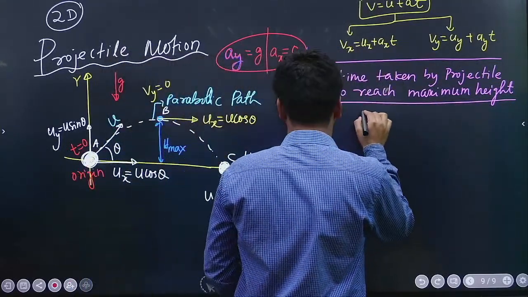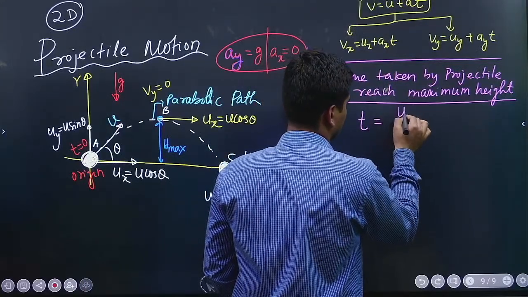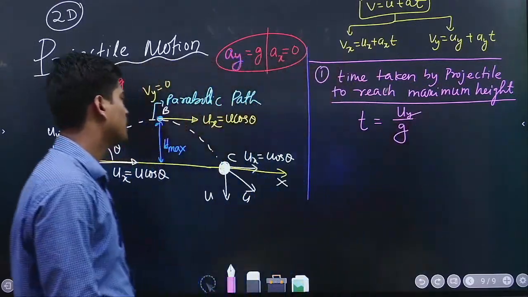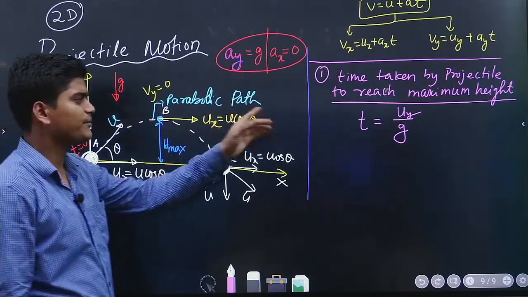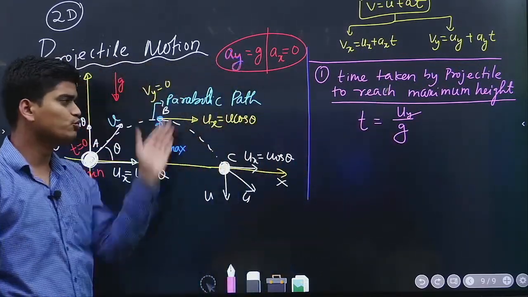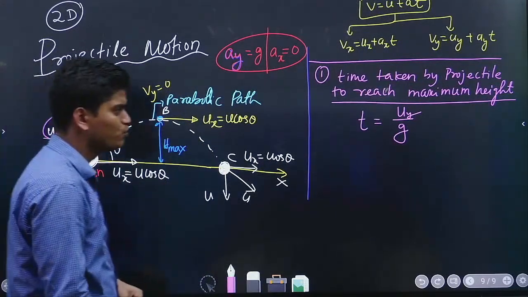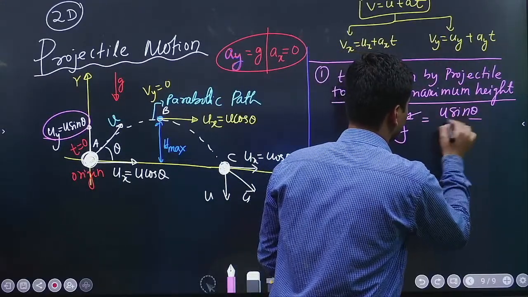This is your t, small t, that is u by g, and which u? Now it is the vertical velocity. So the vertical velocity, uy by g, I am writing. Previously, in motion under gravity, we wrote u by g, but here I am writing uy by g. So uy is how much? That is your u sin theta. So it is u sin theta by g.